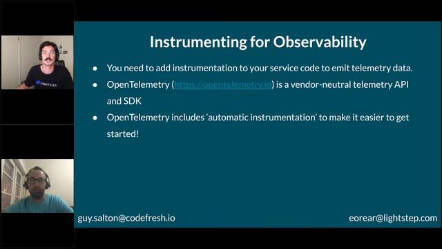And to be able to make your systems observable, you need to instrument them. This instrumentation will allow your code to emit telemetry data. At this point, the standards for instrumentation are aligning under projects like OpenTelemetry that provide vendor-neutral telemetry API and SDKs for a wide host of languages. Right now, I think it's in beta for half a dozen.